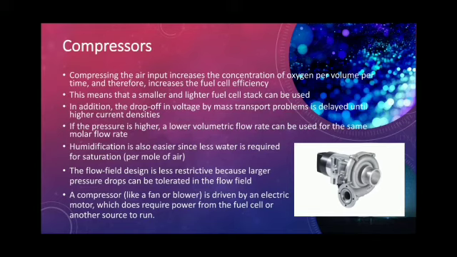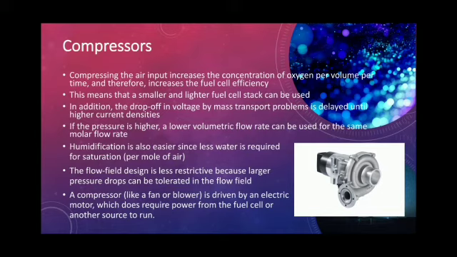Next component in the fuel subsystem is the compressor. The compressor compresses the air input to increase the concentration of oxygen per volume per time, and therefore can increase the fuel cell efficiency. This means that a lighter and smaller fuel cell stack can be used instead of a bigger one. In addition, the drop-off in voltage by mass transport problems is delayed until higher current densities. If the pressure is higher, a lower volumetric flow rate can be used for the same molar flow.